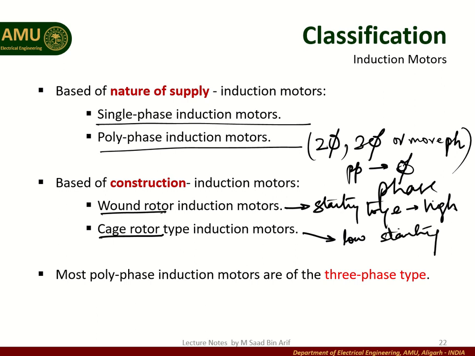So in this way we can decide where to use a cage type rotor and where to use a wound type rotor. Why starting torque is high in case of a wound type rotor, we will discuss later on. Most polyphase induction motors are three phase type, and we just discussed the construction of the three phase induction motor.